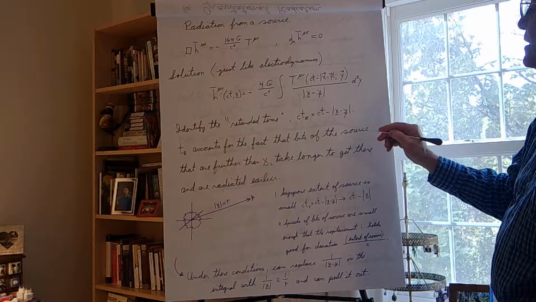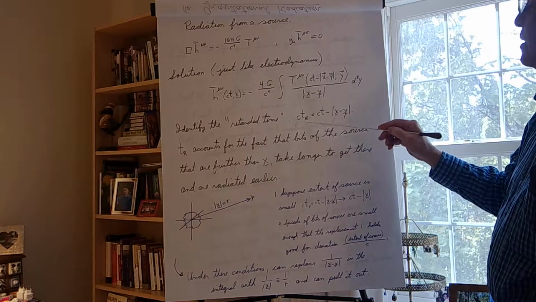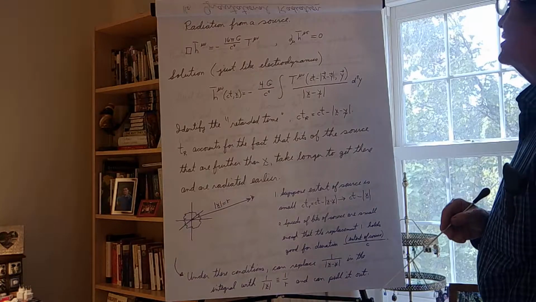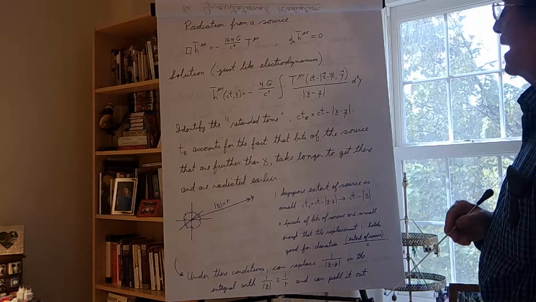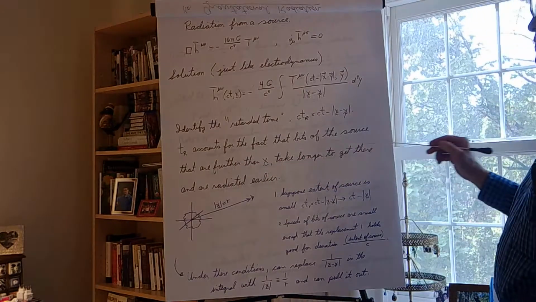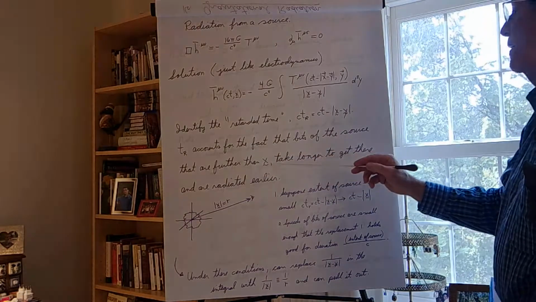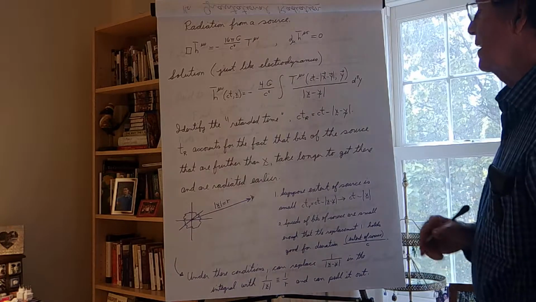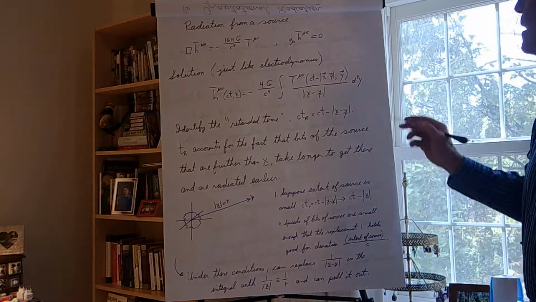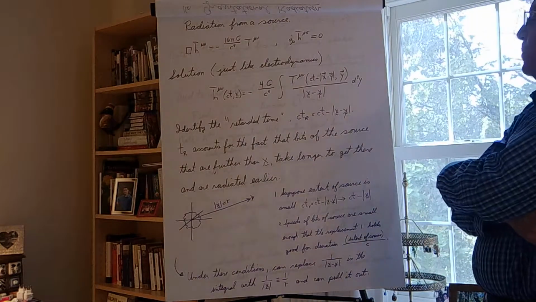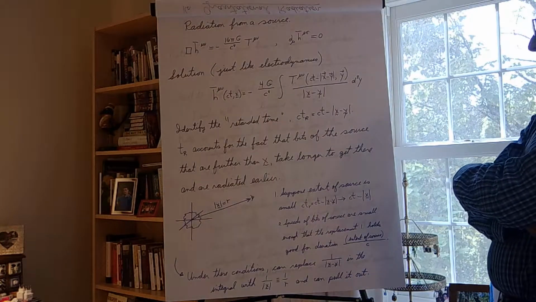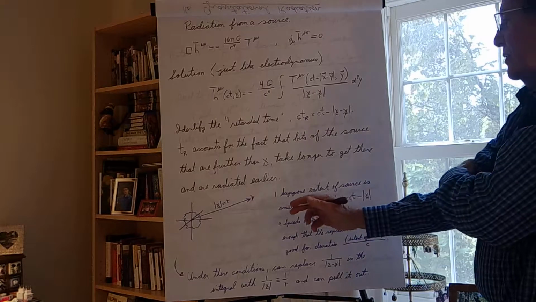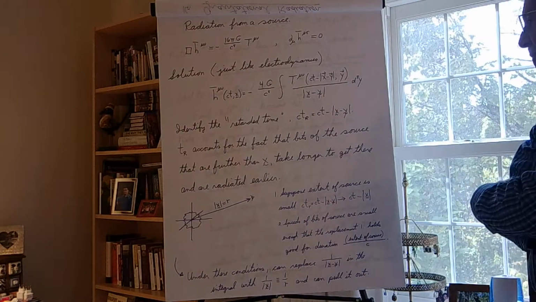You write t sub retarded because it accounts for the time delay for radiation to get from the various bits of the source out to x. t sub r accounts for the fact that bits of the source that are further than x take longer to get there and are radiated earlier. So that's nothing special to gravity. That's true of just the inversion of the wave operator in general, and so I've shown that over here.